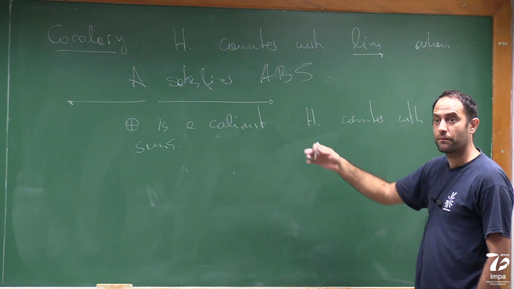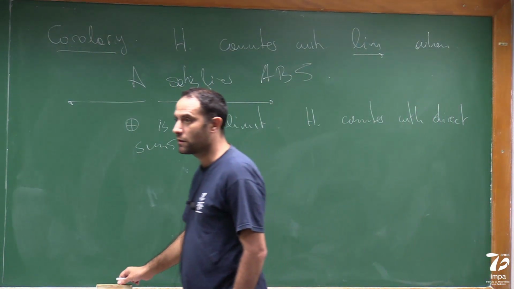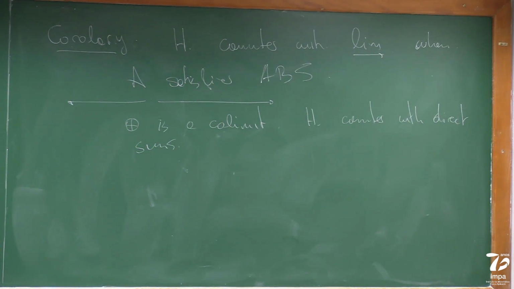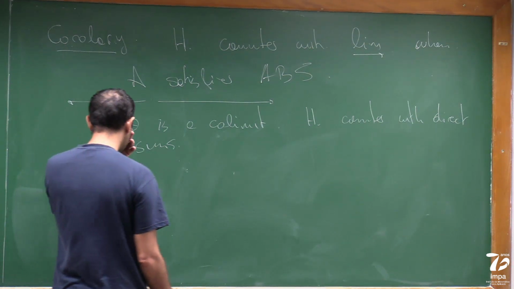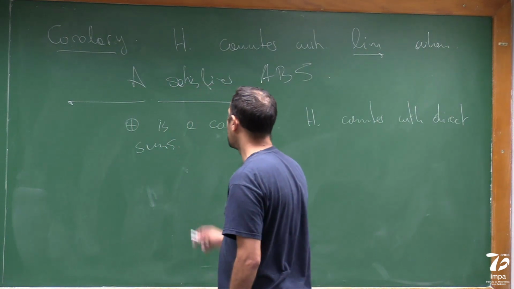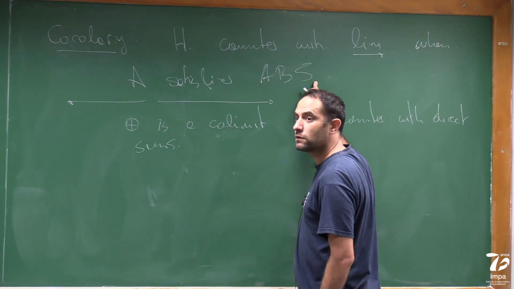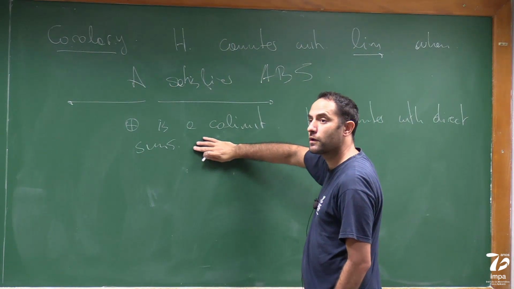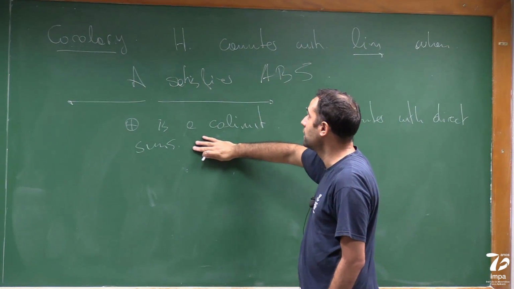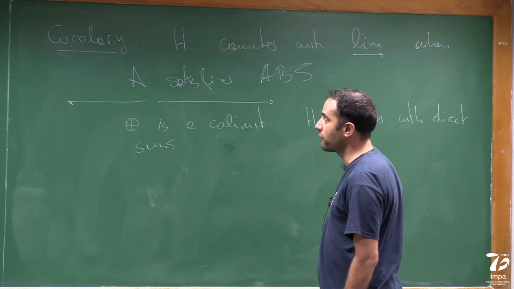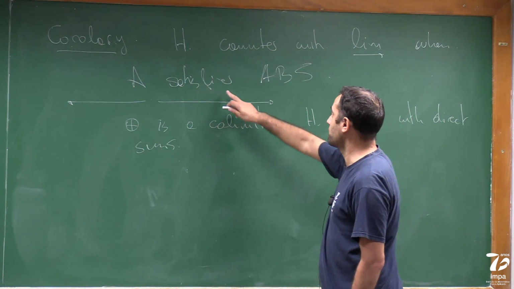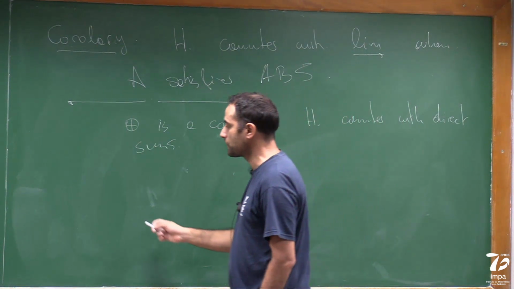This happens always. So direct sum is always exact by definition, and the same proof, the simplified version, proves that homology commutes with direct sums. So this doesn't require the AB5 condition. On any category A, you always have that homology preserves direct sums, but homology preserves arbitrary filtered colimits only for particular categories, in particular for our modules.